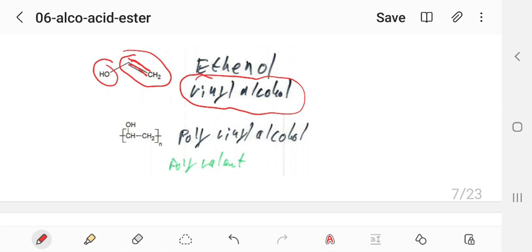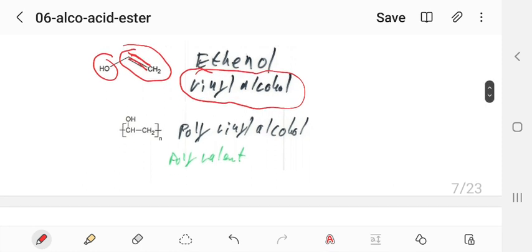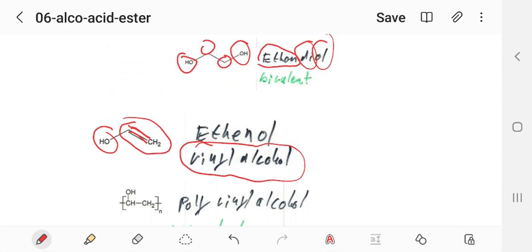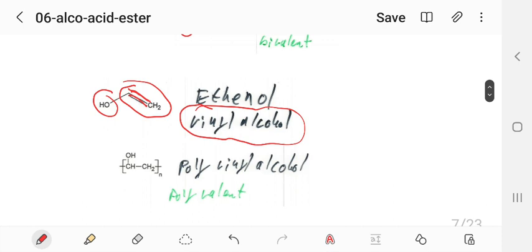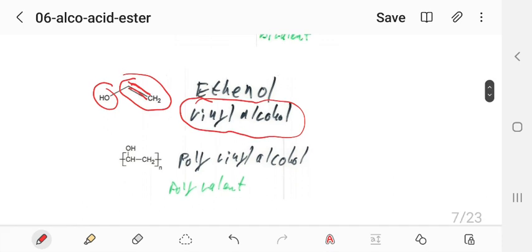So normally if we do wet spinning or electrospinning, and we want to prepare the solution, and we want something to dissolve the other material, we use the polymer, which is the polyvinyl alcohol, and this is the vinyl alcohol, so it's only the ethenol, but the common name is the vinyl alcohol.